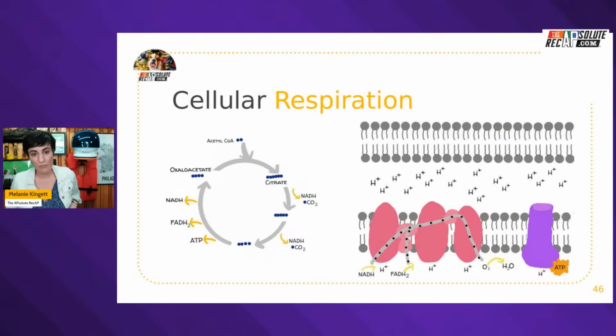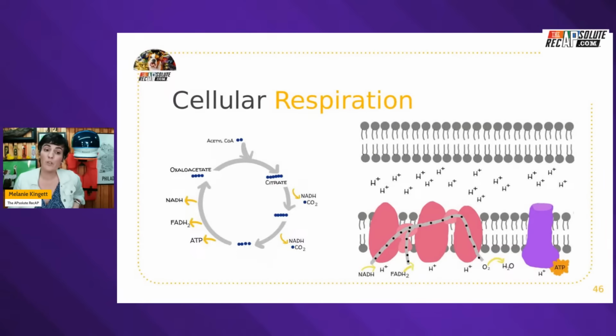CO2 comes off. We also are going to get some electron carriers that will help us move through the electron transport chain, which is going to occur in the inner mitochondrial membrane. But the process is really similar. We drop off electrons from the electron carriers. They go through the chain.